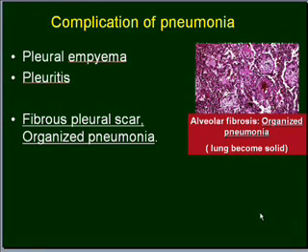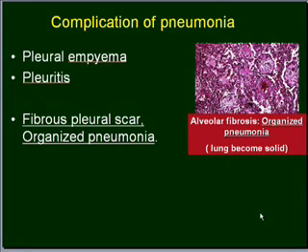Then we come to another dangerous complication of pneumonia, which is really dangerous, and the patient may die because of that. So what is that complication? It is known as organized pneumonia. In many occurrences, it can happen that this complete resolution does not take place.